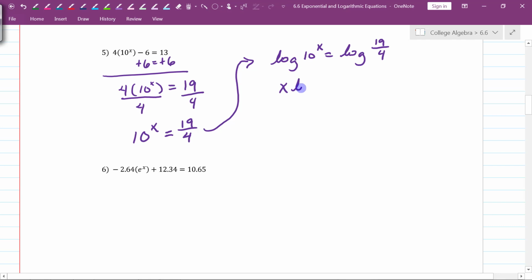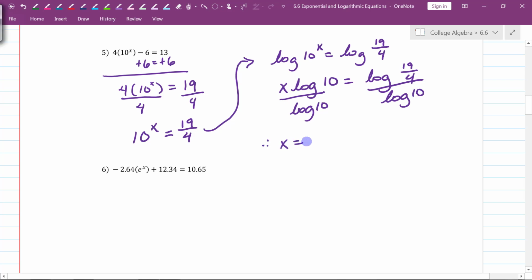X log 10 is equal to log of 19 divided by 4. Divide both sides through by log 10. Therefore, x is equal to, that goes away, log of 19 divided by 4 divided by log 10.